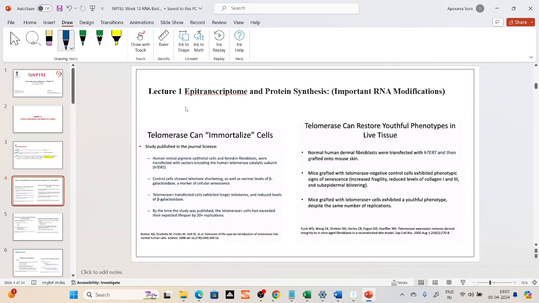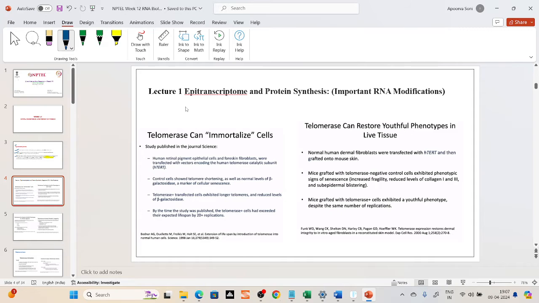In cancerous cells, there is an upregulation of telomerase enzyme, so the telomeres are constantly added after each cell cycle, and the cell becomes immortalized because it's never going to die.